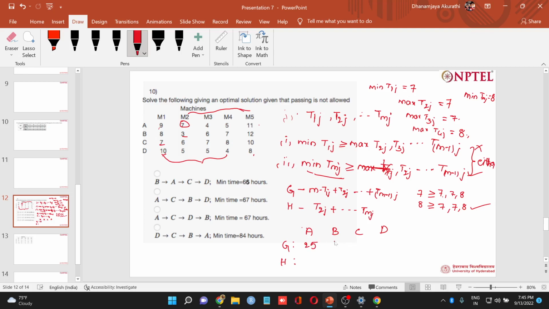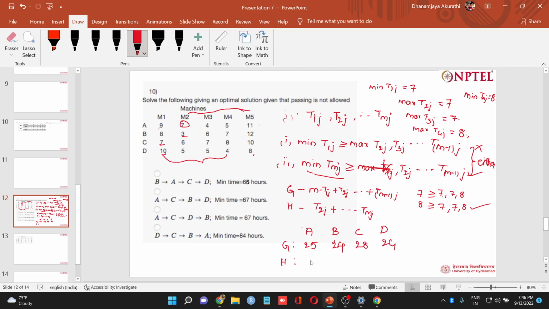For B: 8 plus 3 plus 6 plus 7 is 24. Likewise for job C and the first 4 missions, you can calculate that; I just tell you: 28 and 24.